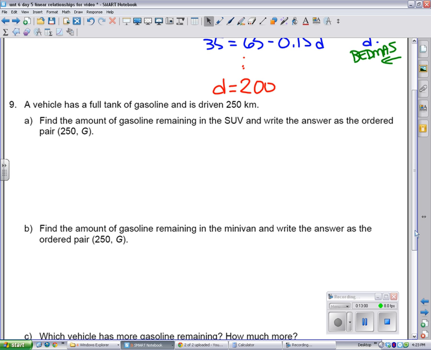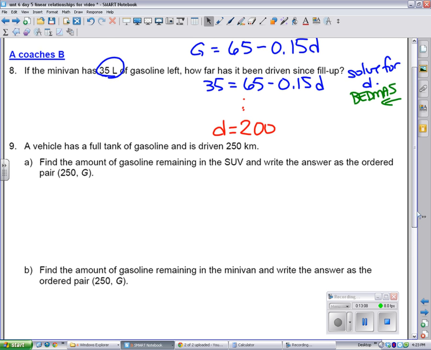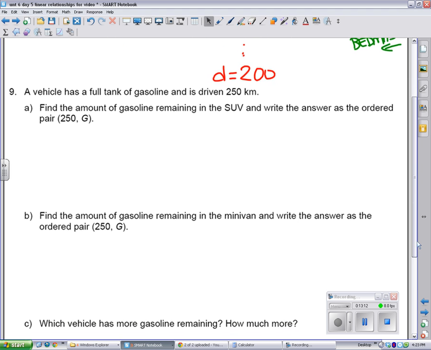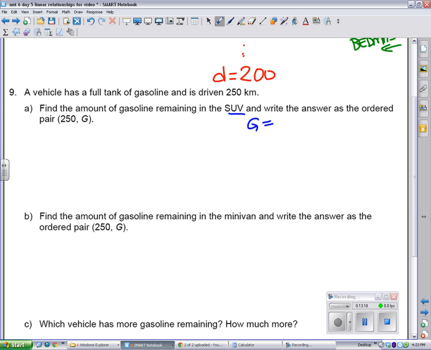Number 9, a vehicle has a full tank of gas and is driven 250 kilometers. Find the amount of gasoline remaining in the SUV and write the answers in the ordered pair. Well, we actually just figured out, oh, no we didn't, so we can work that one out. Again, we know the distance, and we're talking about the SUV, so I'm going to write G equals 80 minus 0.20D, and I'm going to fill in the distance of 250.